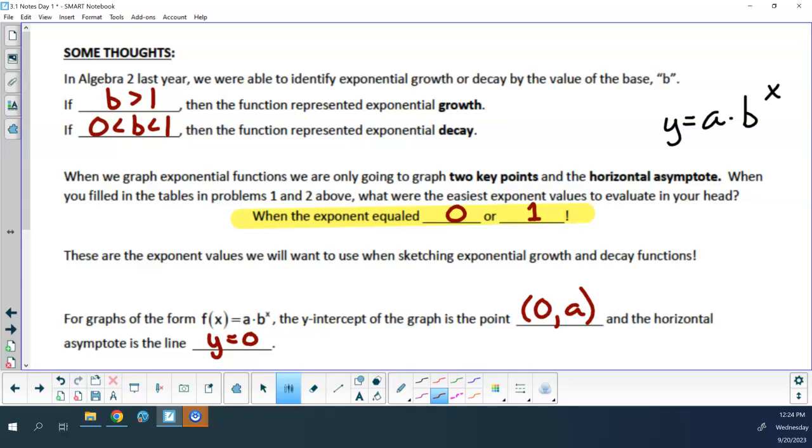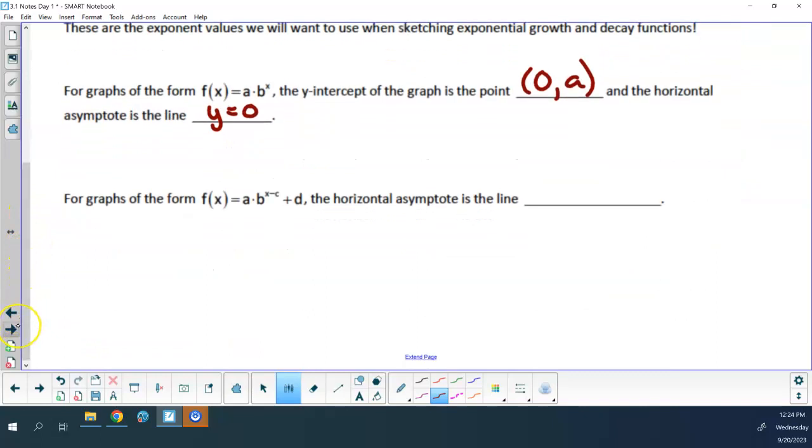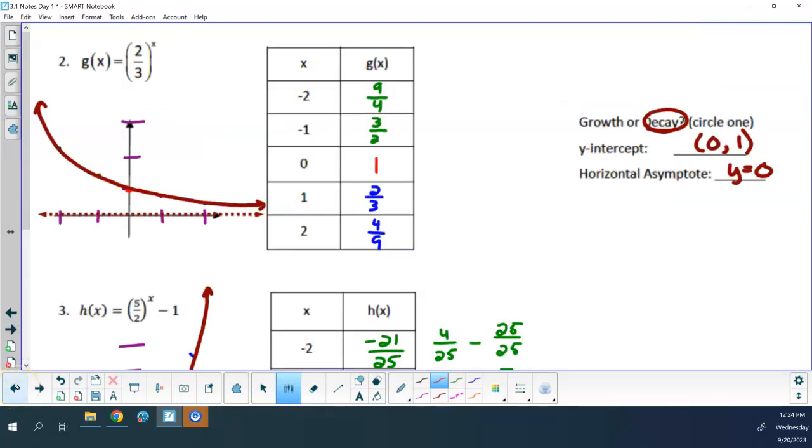Now, if we get into some more complicated exponential functions, which we will, then what this number after the exponential term does, if we go back to that last example, it was this part right there that shifted our horizontal asymptote to y equals -1.